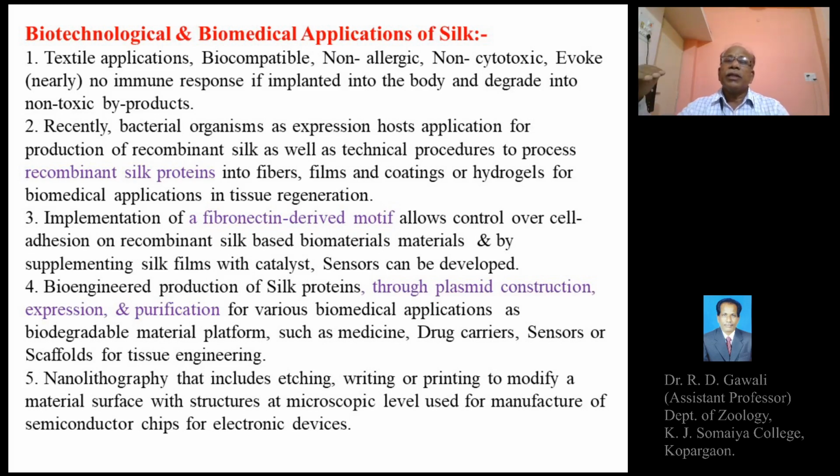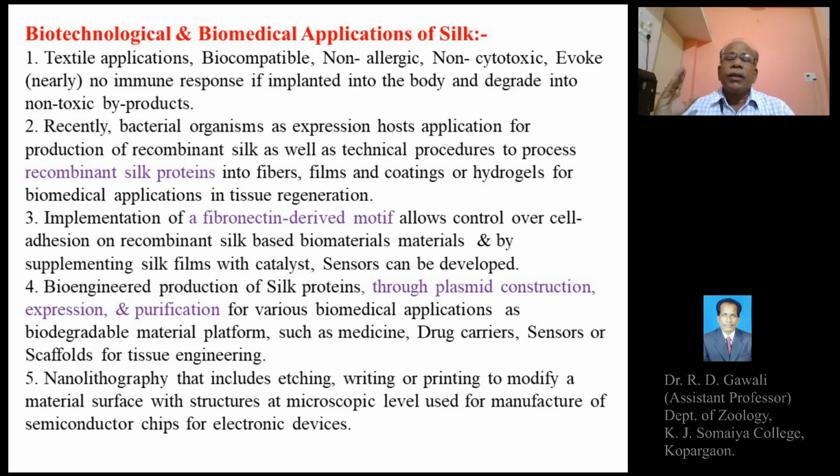So whenever there is entry of silk into the body of humans or various animals, it does not show an immune response, or if implanted into the body, it can be degraded or split into non-toxic byproducts.